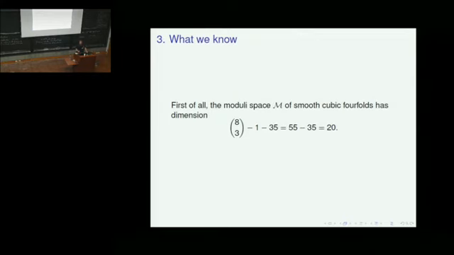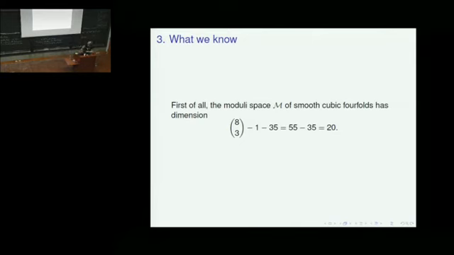So let's start with saying what we know about cubic fourfolds. Since the whole point is to talk about the family of cubic fourfolds, the first thing we should ask is: is there a moduli space? Of course, there is a moduli space. I'm not the person to ask; Radu would be the person to ask about this.